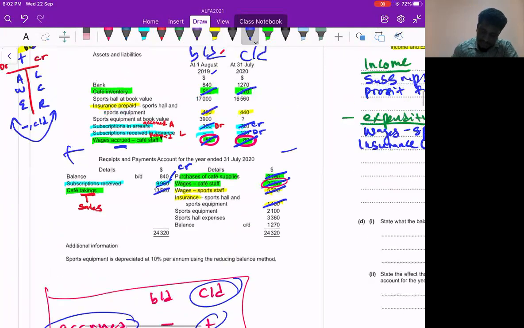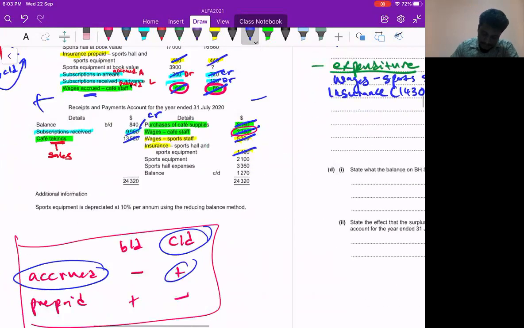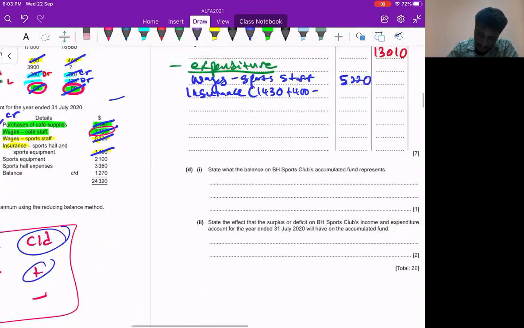So this 400 is plus. Minus with closing 440. You must show the working. 1430 plus 400 minus 440. I get 1390.